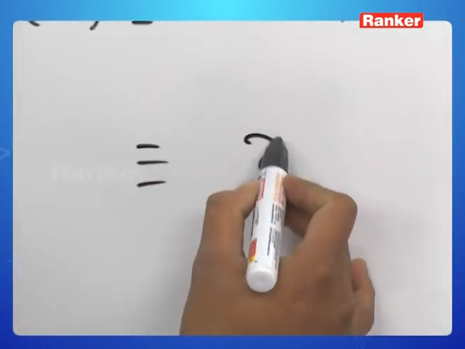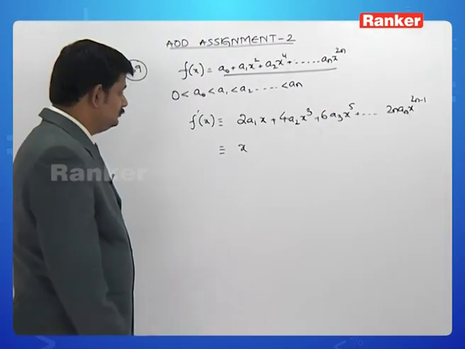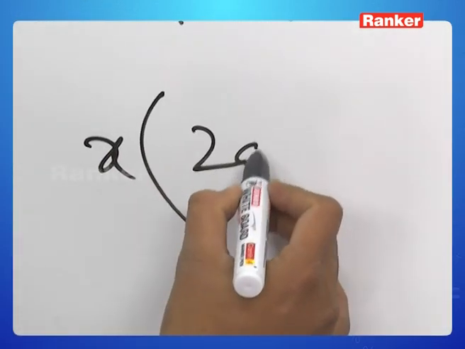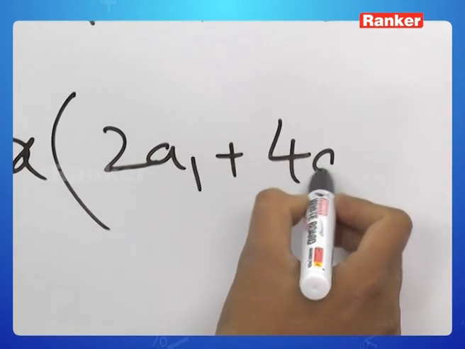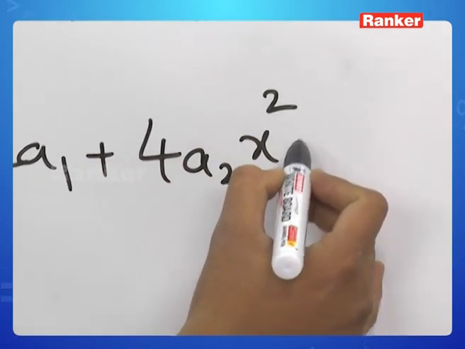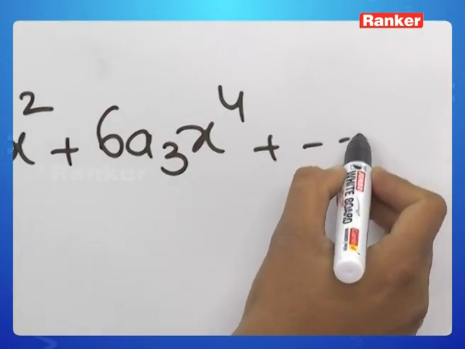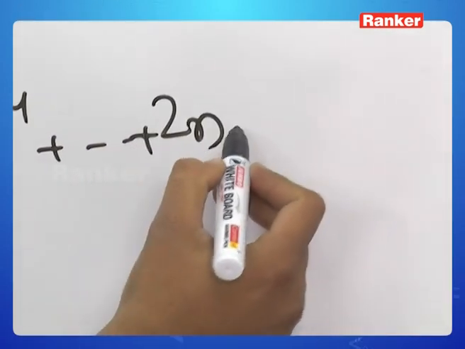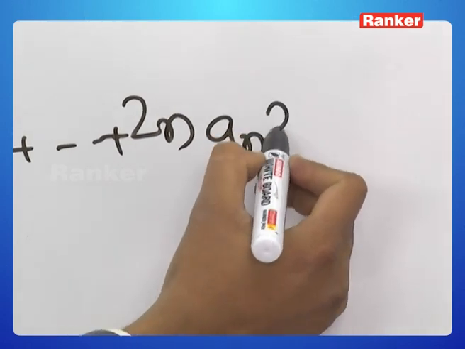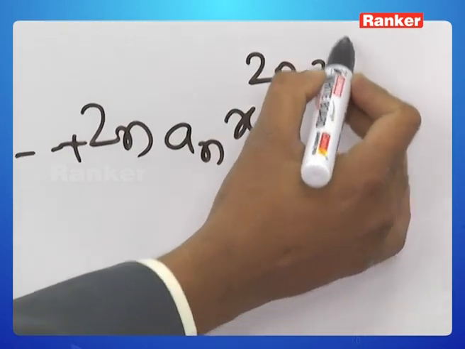Let us take that x common, x into 2a1 plus 4a2 x power 2 plus 6a3 x power 4 plus so on up to 2n an x power 2n minus 2.